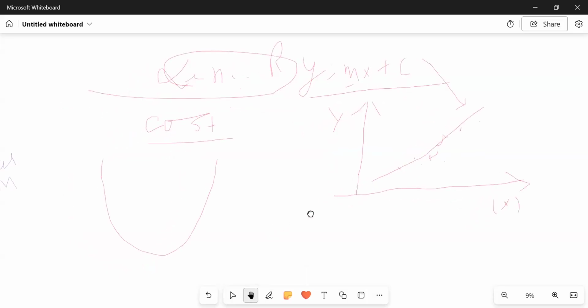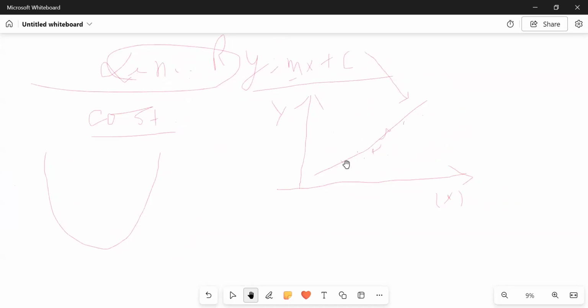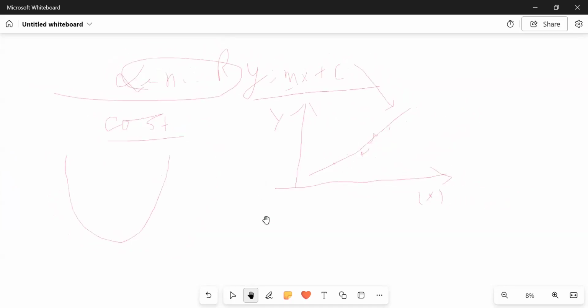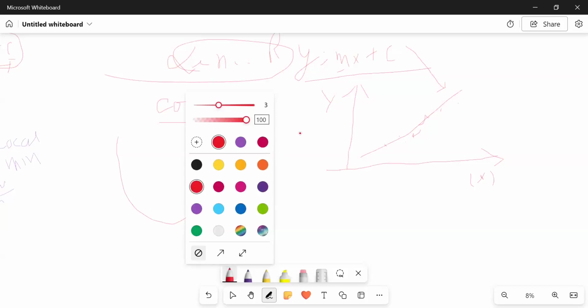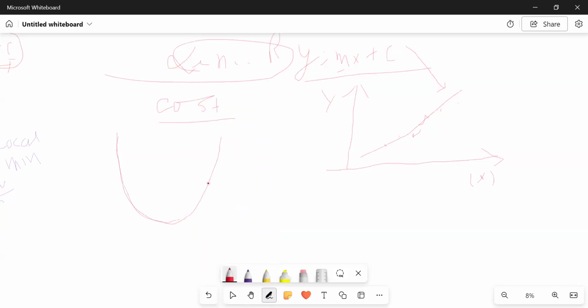Now, the cost function is a different thing. The purpose of the cost function is to find this best fit line. I mean, how to minimize the gap between the predicted value and the actual value. For that, the cost function of linear regression is a parabola, a quadratic function. That's a different thing. So the cost function for linear regression will be a graph like this, which is a parabola.